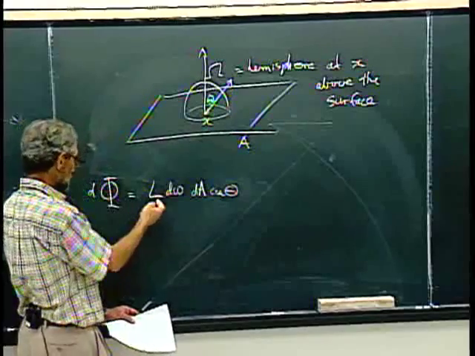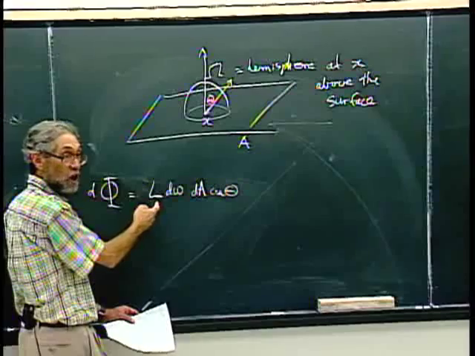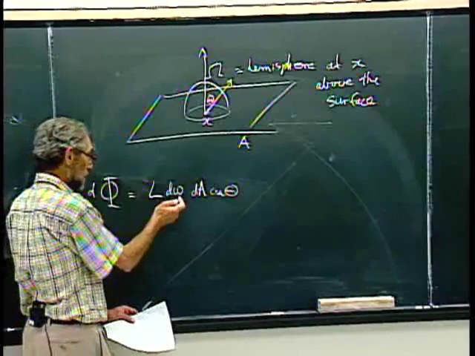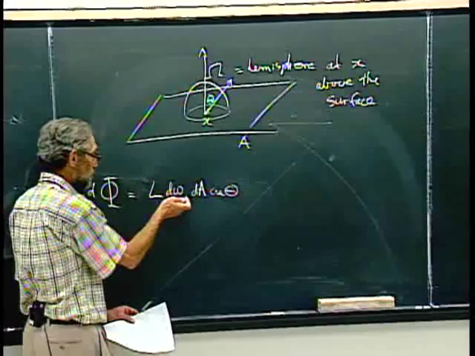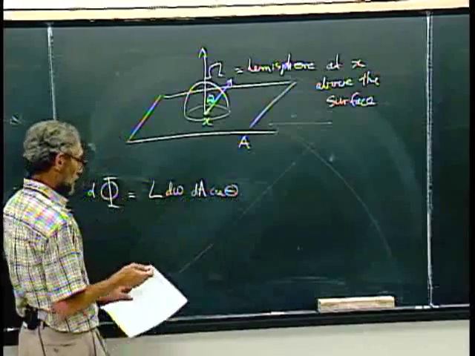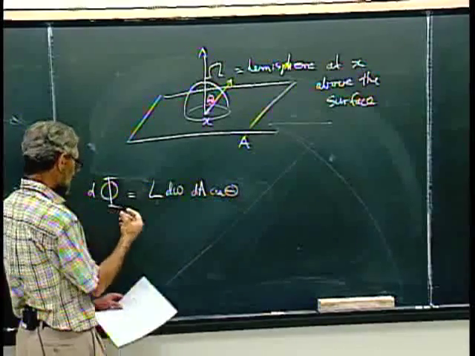So this formula was the definition of radiance, but now I'm turning around saying if I know the radiance, and I know a piece of small solid angle and a piece of small surface, then I can get the flux.